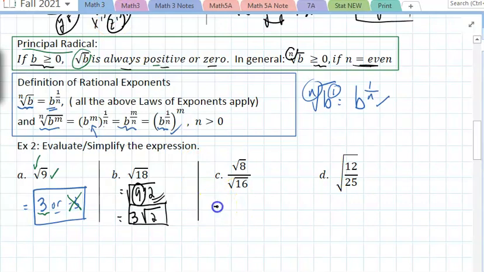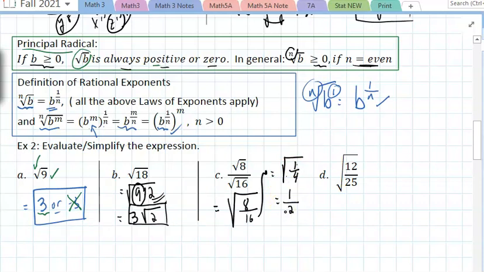And if I have 2 radicals divided, I could combine into a single radical. And that would be 1 over 4. Square root of 1 is a 1. Square root of 4 is a 2.